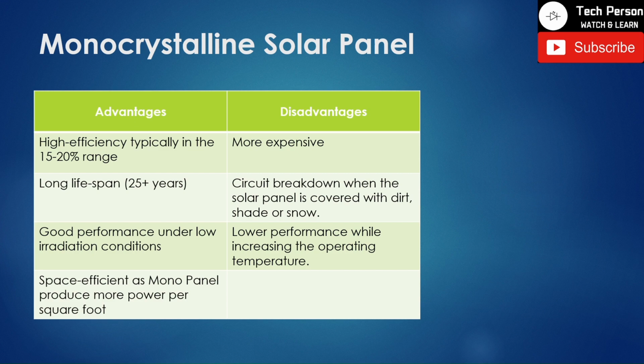On the other side, they have the advantage of good performance, and they work well in low irradiation conditions. Another disadvantage is that as temperature rises, the performance or efficiency of the solar panel decreases.